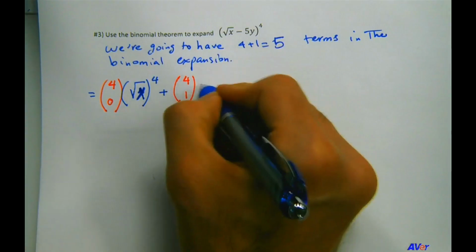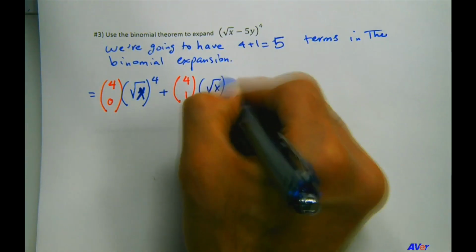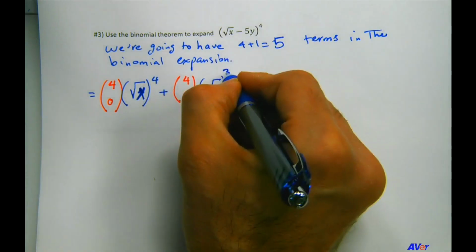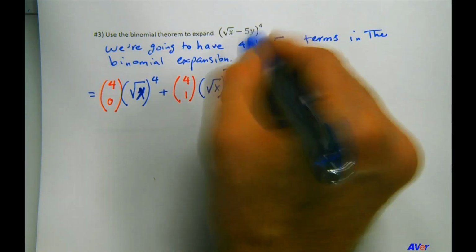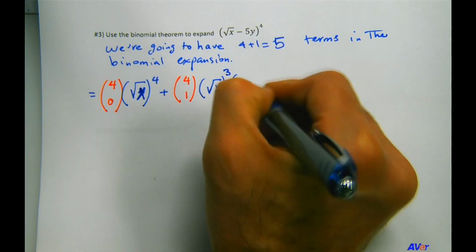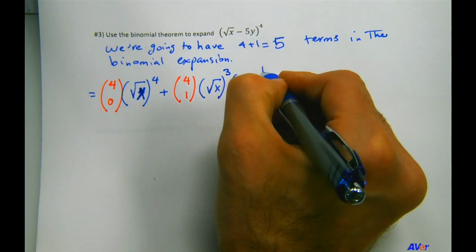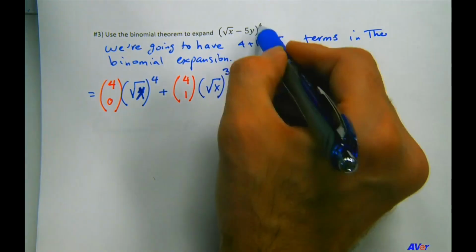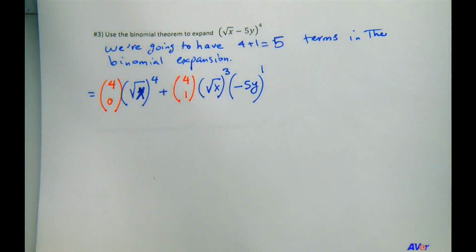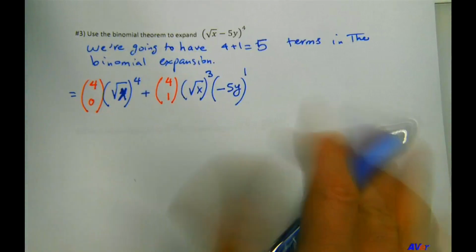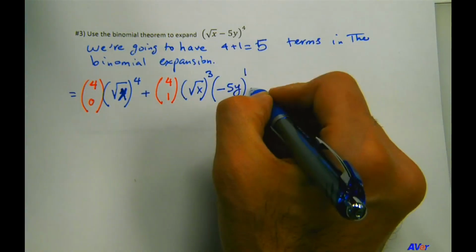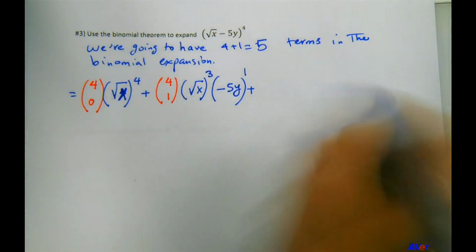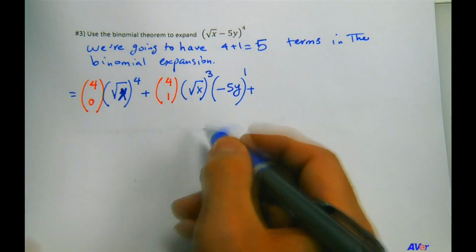Now the terms are going to be square root of x, reduce the power by 1, so 4 becomes 3, and then bring in that term, times negative 5y to power 1, right? 1 plus 3 is 4, or equal to that power. Okay? I'm going to have to write these smaller so I can fit them in across the page. I may not be able to, though. It's too late, I guess, but we'll see.